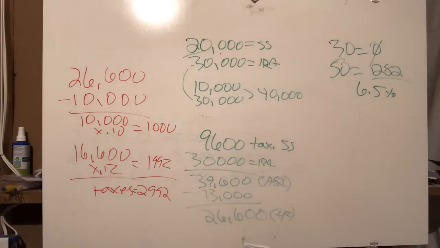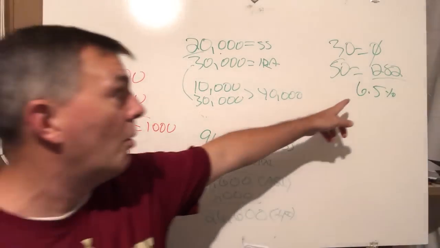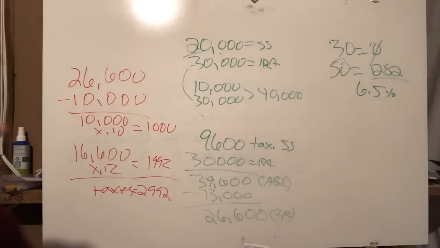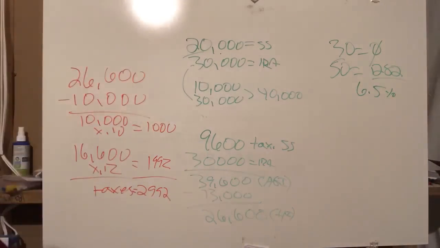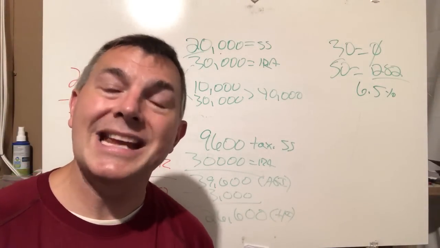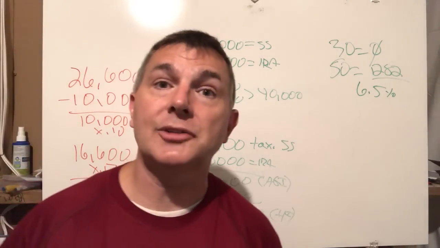That extra $10,000 IRA made her taxes go up by an extra, 20 something hundred? Yeah, basically $1,800. So the extra $10,000 IRA costs her an extra 18% in taxes. It's crazy. That's the tax torpedo, man.